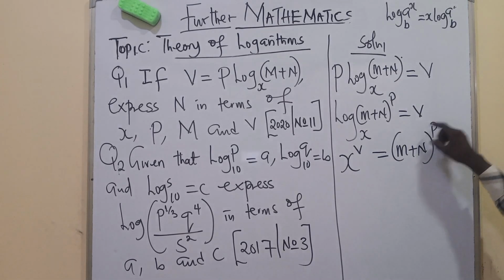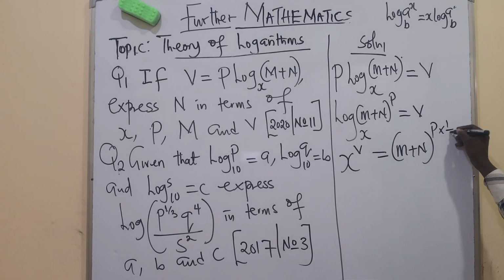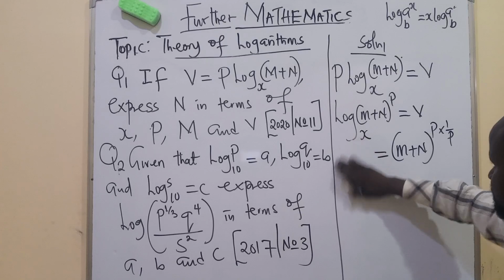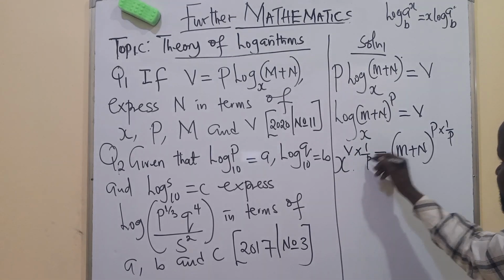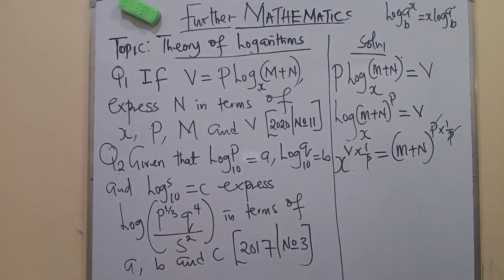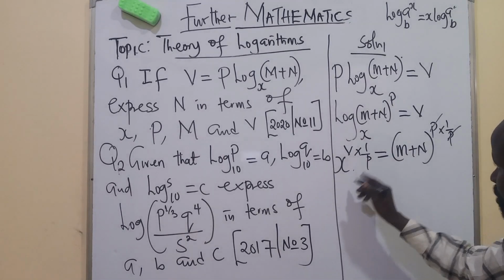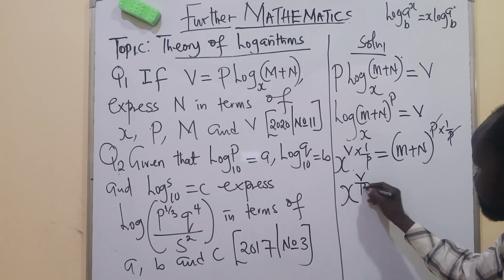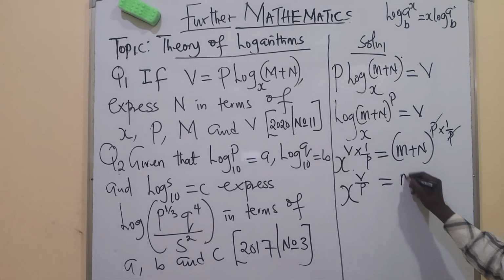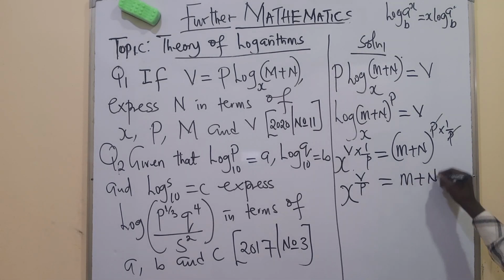So we raise both sides to power 1 over p. This is x power v times 1 over p. Here now we'll have x power v divided by p equals m plus n.